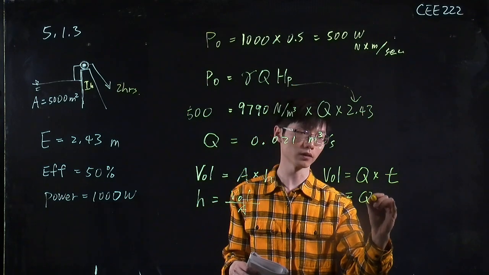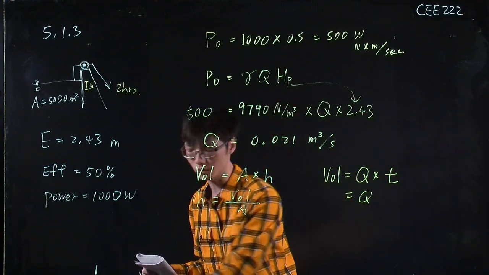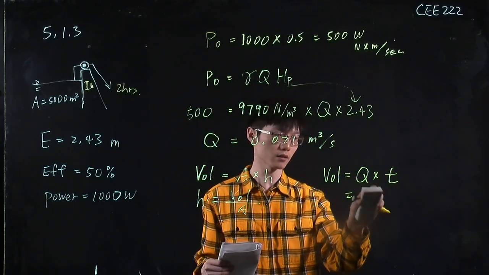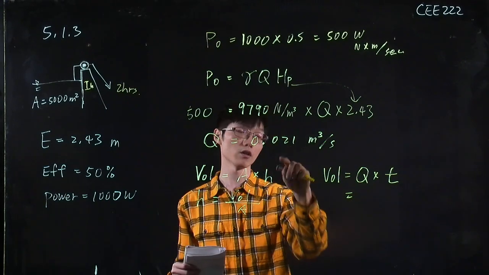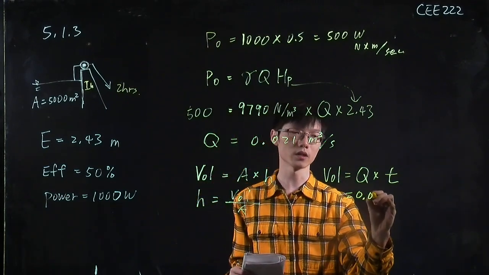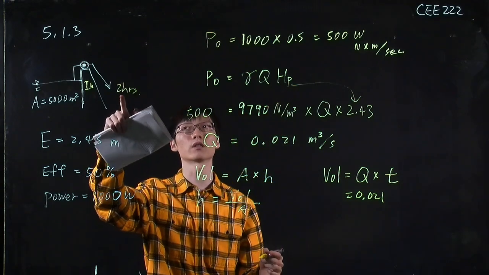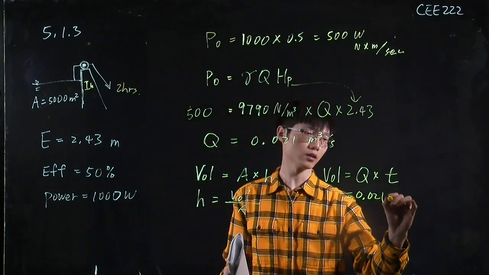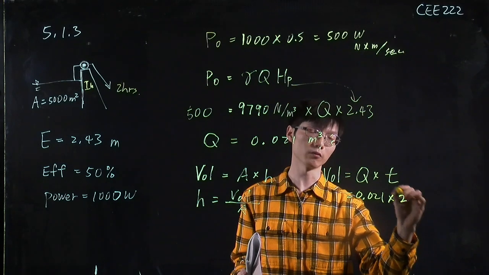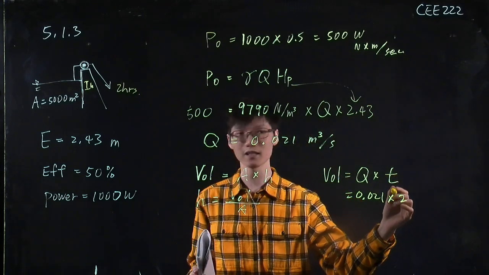So the flow rate, let me just plug in a number directly. The flow rate we already solved is here, 0.021, and the time, the question tells us we want to draw the water for 2 hours. So it's 2 hours, and we need to convert it to seconds.